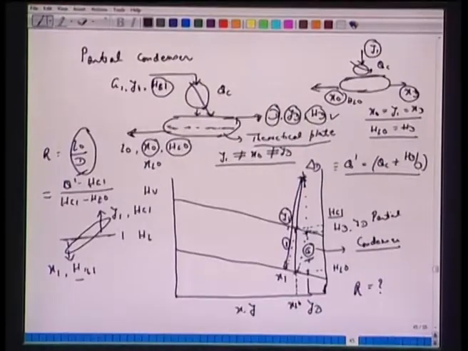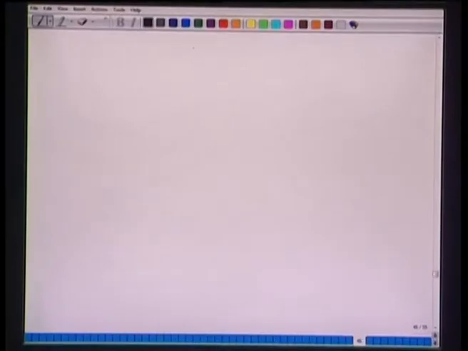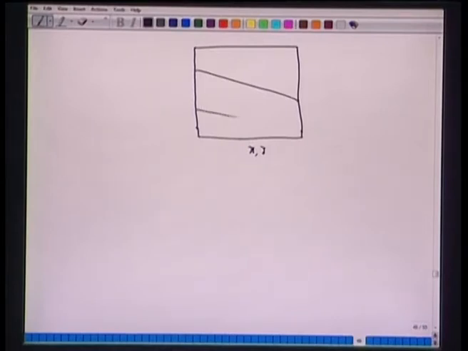Okay. So, to mark the same points, let us start with a fresh enthalpy curve here, the HXY diagram. We have this HV or HG and we have this HL. So, this is your del D or Q prime and we have this YD.